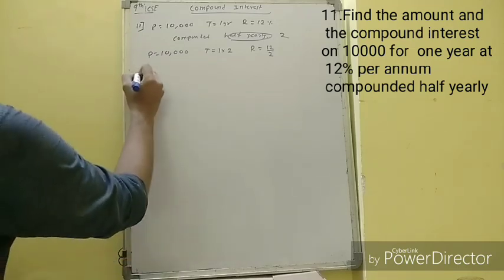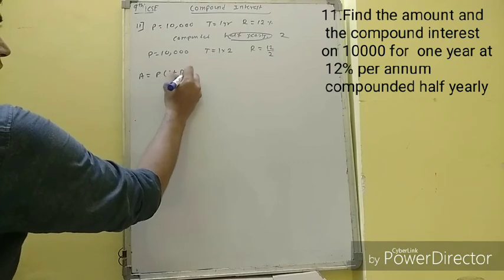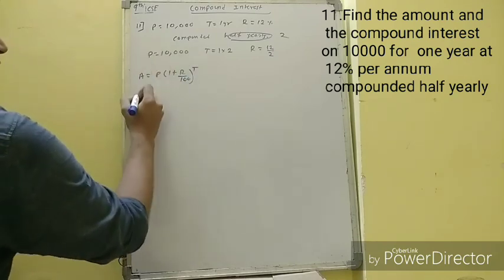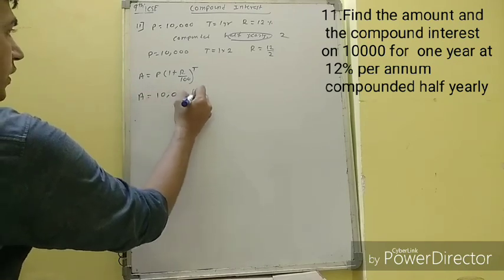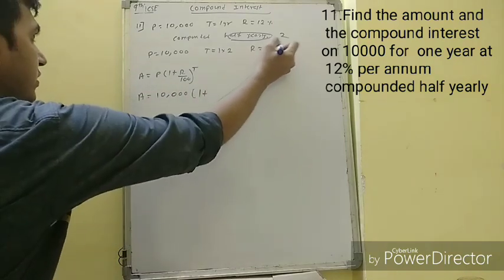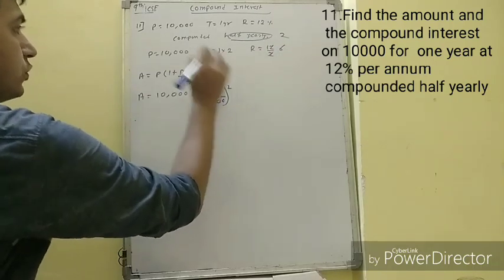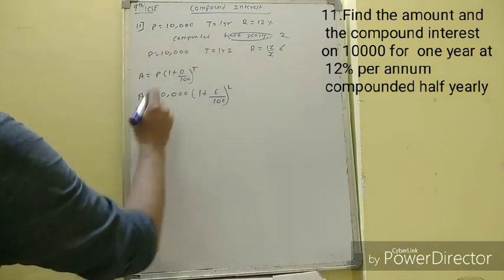So the amount will be P into 1 plus R upon 100 raised to T. So the amount is equal to 10,000 into 1 plus rate is 6%, raised to 2. As it is 1 year but half yearly, so we put 1 to the 2.